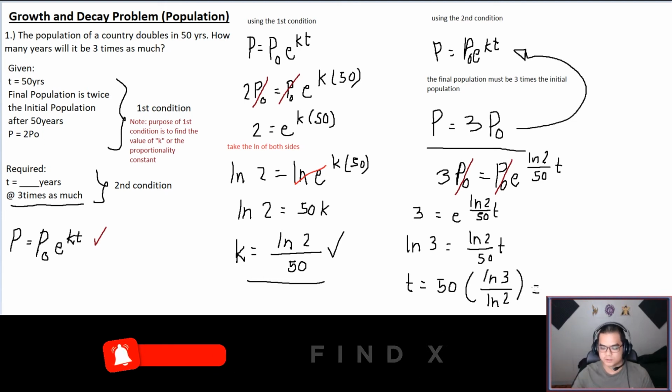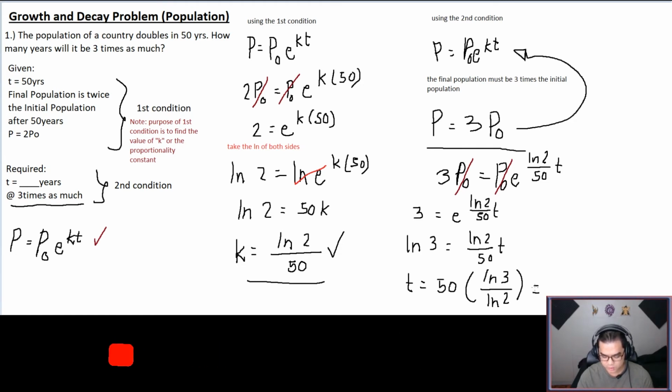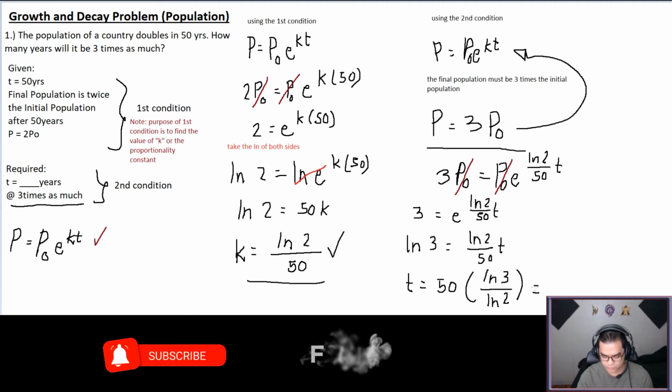So let's try this one using the calculator. I hope you are doing this at the same time with me. So this is ln 3 over ln 2 times 50.